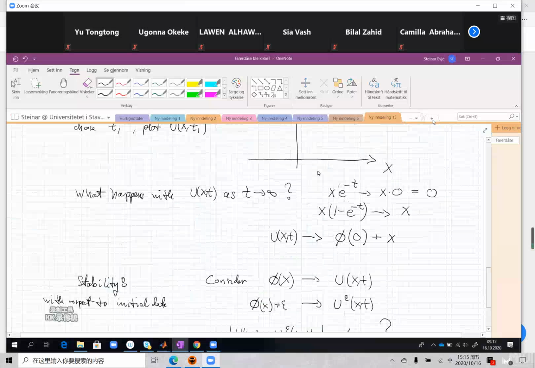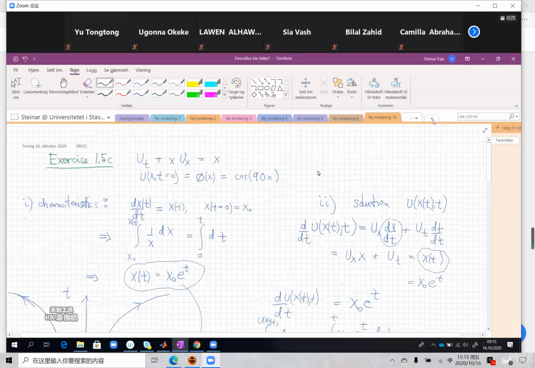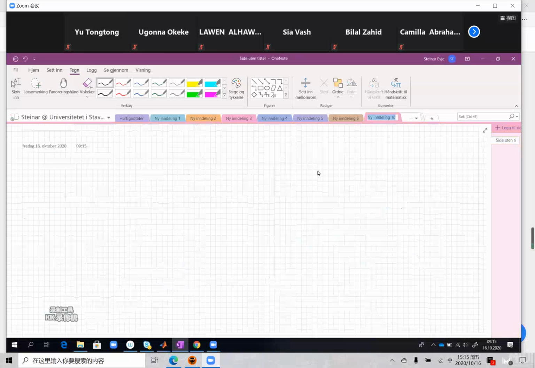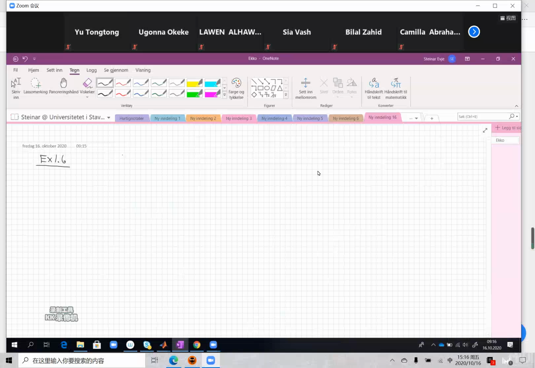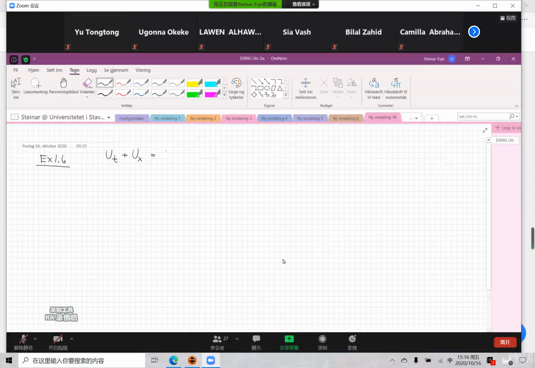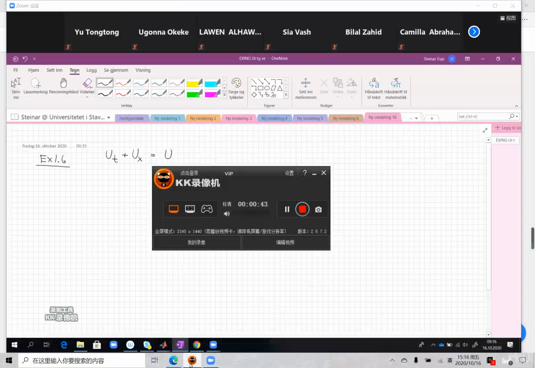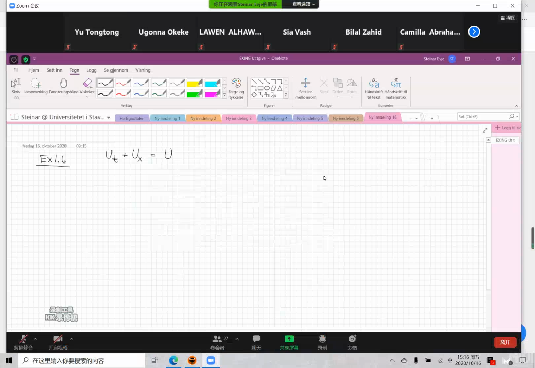Okay, then I'm back, and I now plan to take a look at exercise 1.6. And the equation here is u_t + u_x = u.